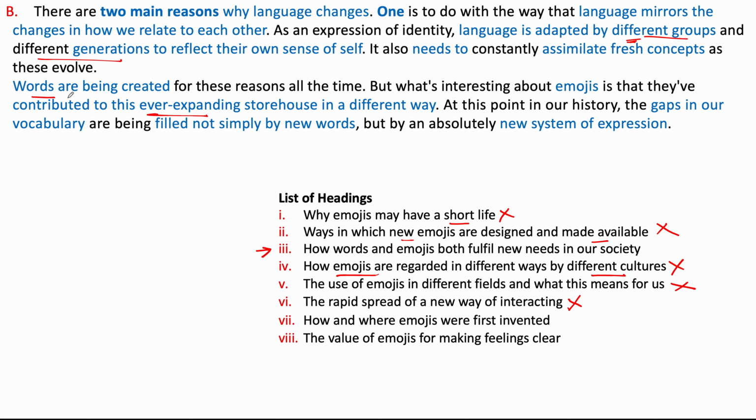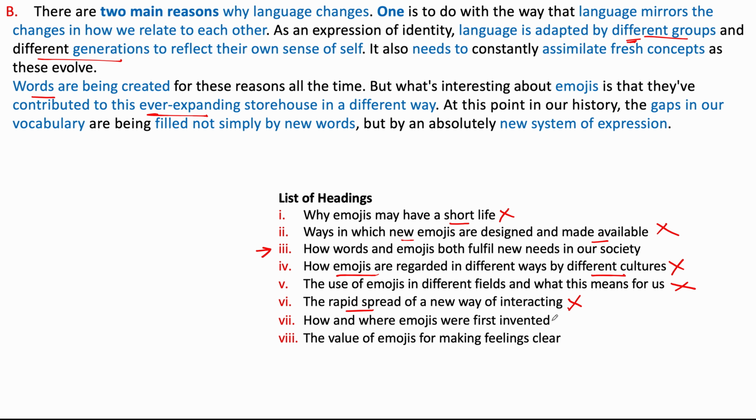These new words keep adding to the ever growing or ever expanding vocabulary. Emojis are adding to this. So, this is not about the rapid spread of emojis or rapid spread of anything, whether it is words or language. It is just mentioned that language changes and grows all the time.